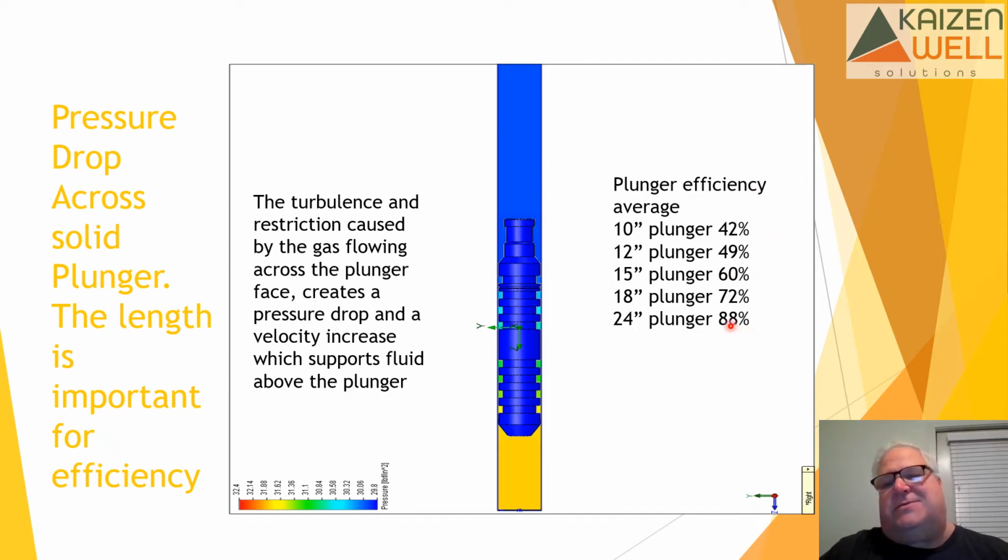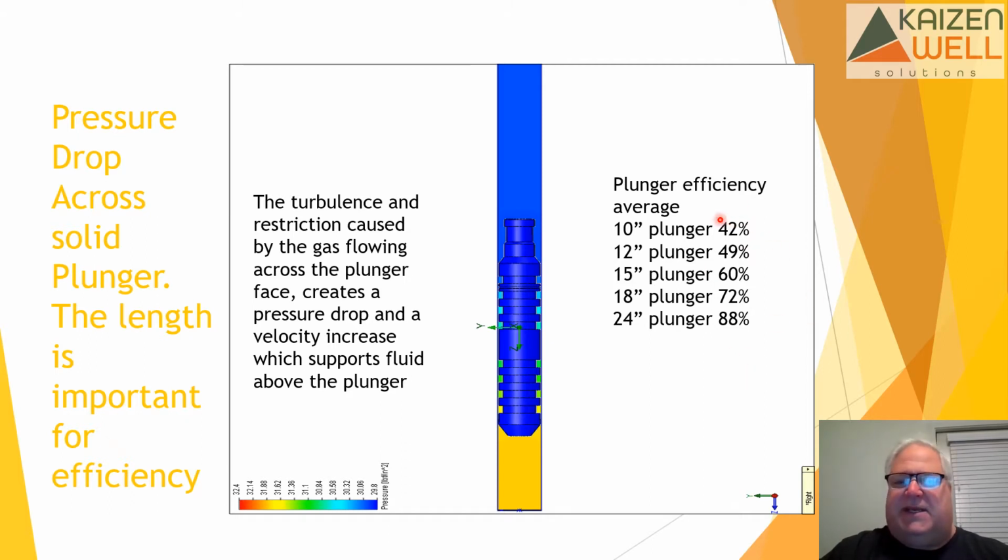Now, when I call them plunger efficiency averages, it's probably kind of misleading. What this was is we took how much gas flow we needed and what kind of pressure differential we get across a plunger. There are several factors that we put into a bit of an equation that created this percentage efficiency.